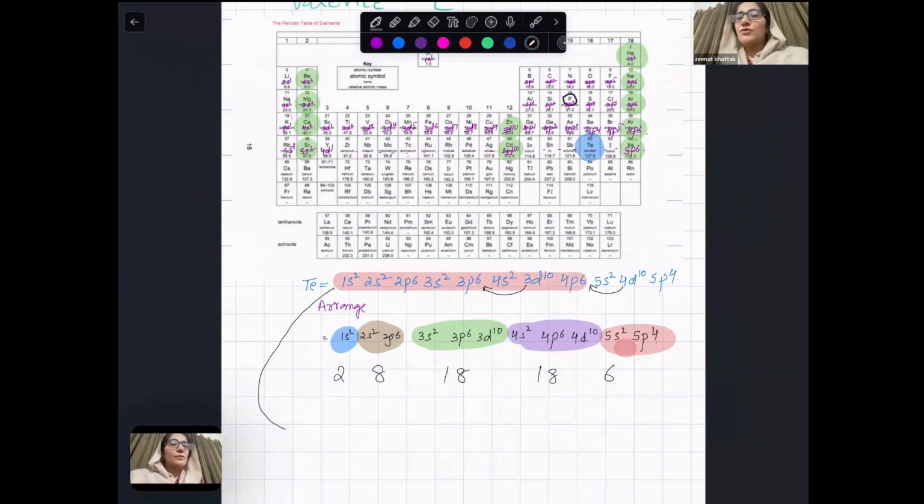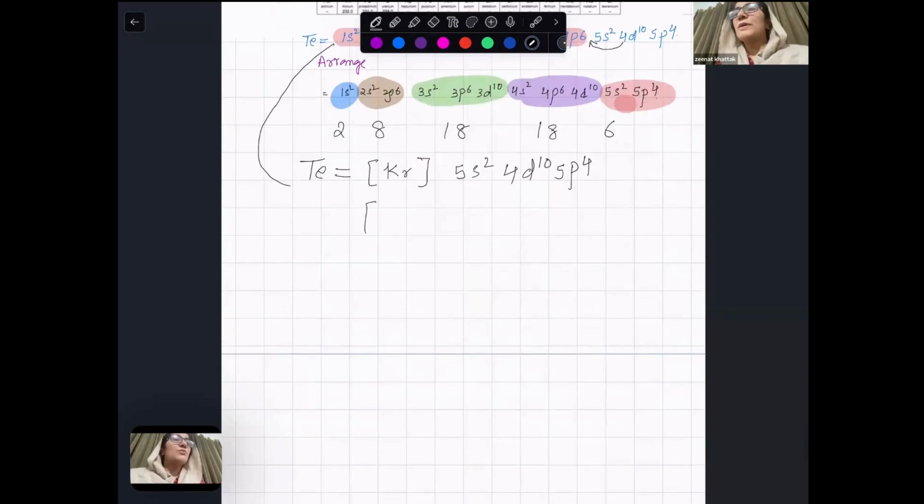So what am I supposed to write? Tellurium, krypton in square brackets, compulsory, then 5s2, 4d10 and 5p4. But in proper arrangement it's this way: krypton, 4d10, 5s2, 5p4. See?